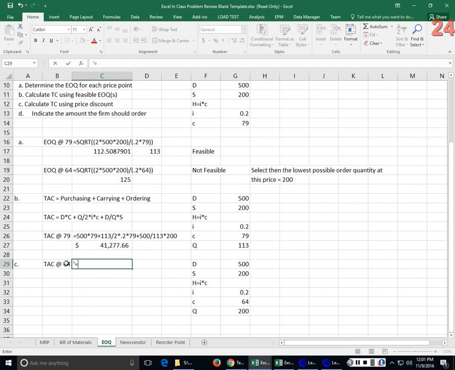So it becomes 500 times 64 plus, I'm going to order in a quantity of 200 divided by 2 for my average inventory, times my holding cost of 0.2, times my price of 64, plus my annual demand of 500 divided by Q of 200, my ordering quantity, times 200, which is my setup cost.